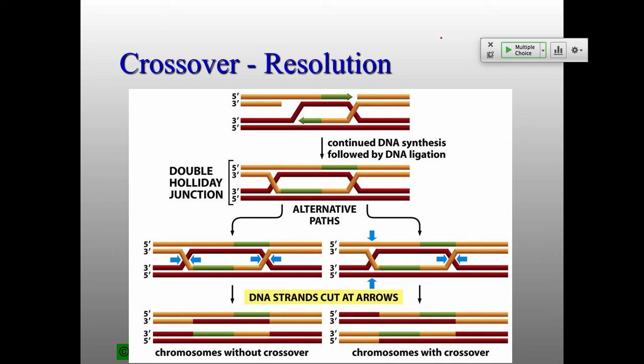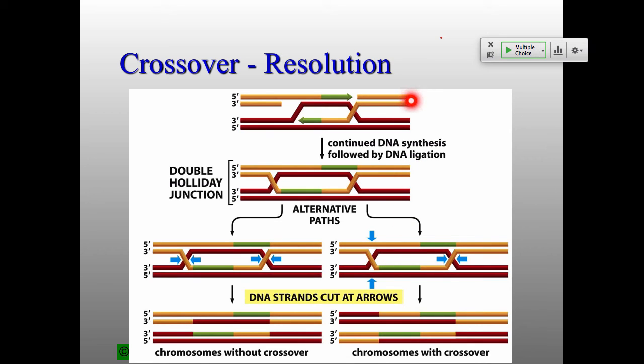Turns out that these things can branch migrate thousands of nucleotides in any direction. And so what that means is you're going to end up with quite a lot of sequence where you've got genetic information from one strand paired to the genetic information on the other strand.